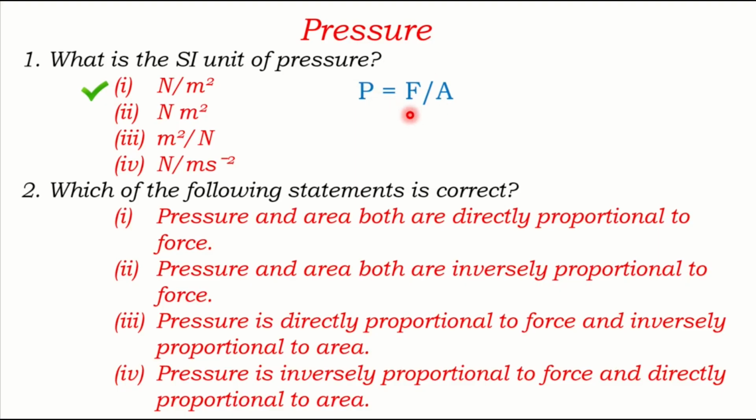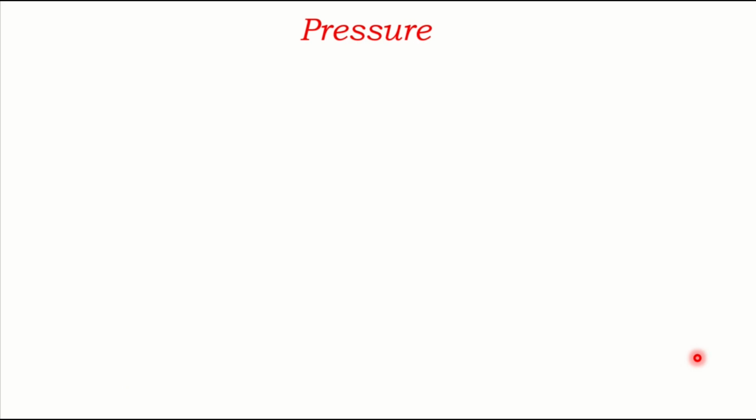It means pressure is directly proportional to force, but inversely proportional to area. Now we have to see the options. Which option says pressure is directly proportional to force and inversely proportional to area? It is written in the third option. That's why the third option is the correct option.